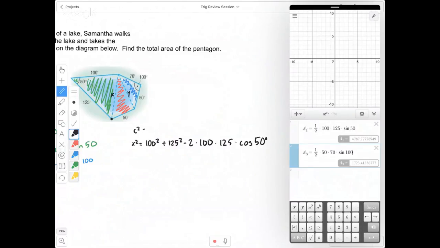By the way, I'm just using c squared equals a squared plus b squared minus 2ab cosine c.